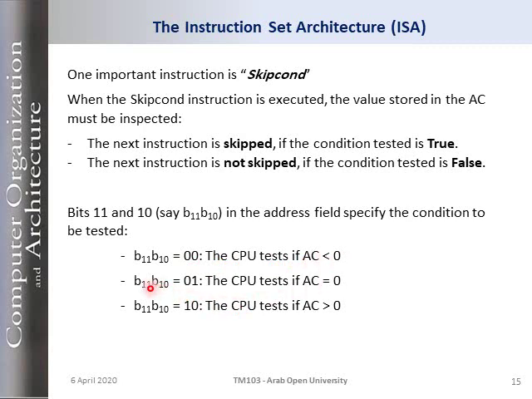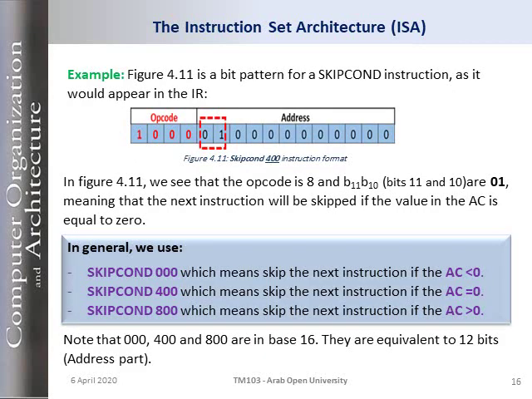If bits 10 and 11 from the instruction address are 1, 0, then what is our test? We're checking whether the accumulator is equal to 0. If bits 10 and 11 are 0, 1, then the CPU is testing whether the accumulator value is greater than 0.